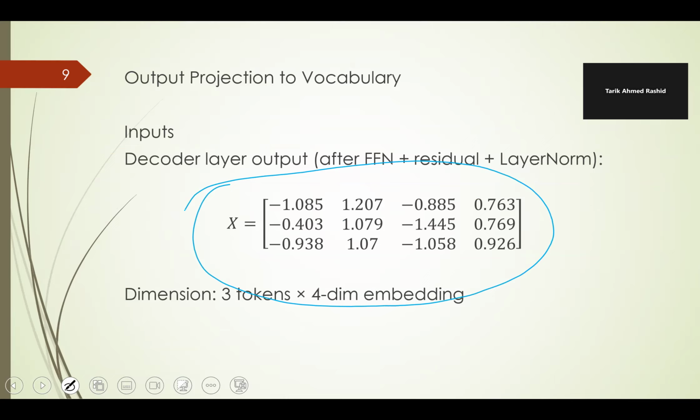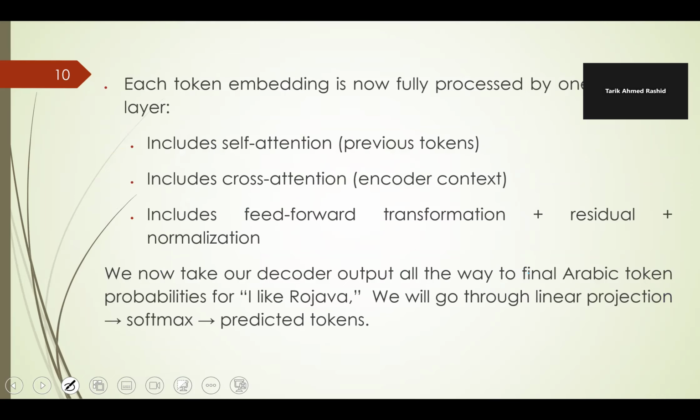So the output from the residual add and layer norm is the result for it. What does it mean? It means that we already did residual for it, and we already did normalization, and before that we did the self-attention on previous tokens, and we did cross attention.